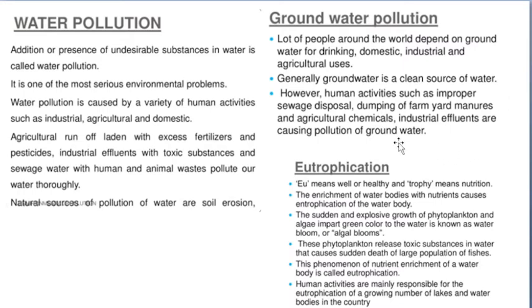However, human activities such as improper sewage disposal, dumping of farmyard manures, agricultural chemicals and industrial effluents are causing pollution of groundwater. Okay, because you know that soil has pores and water percolates through these pores.